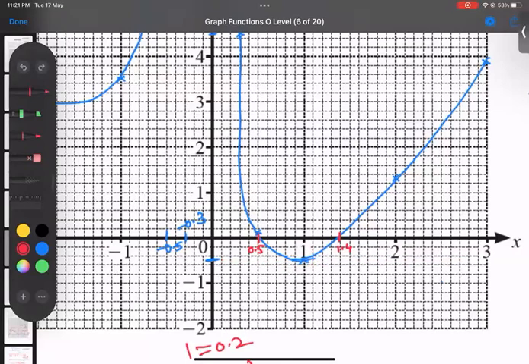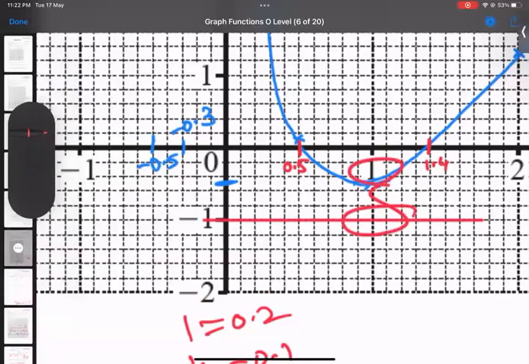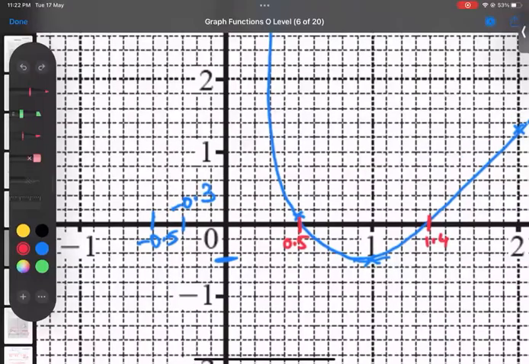But as it goes up, one box is 0.2, so 0.2, 0.4. But he asked integer, so through -1 it has no solution. Why? It is not cutting the curve. And through zero it is cutting two spots, but he is asking positive. Zero is not considered positive.